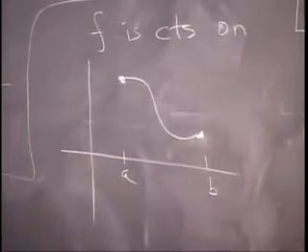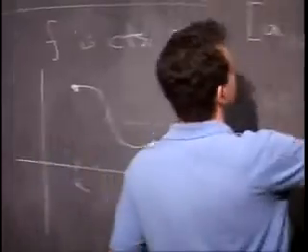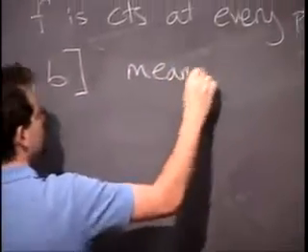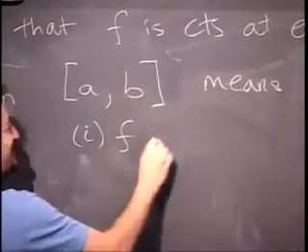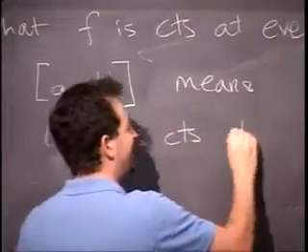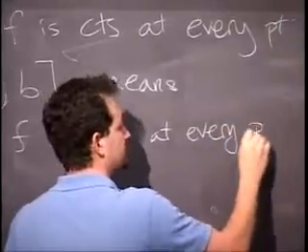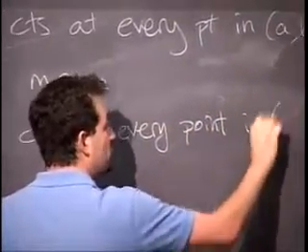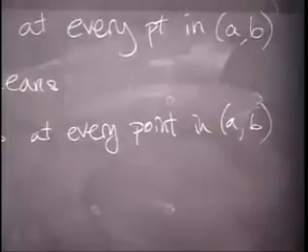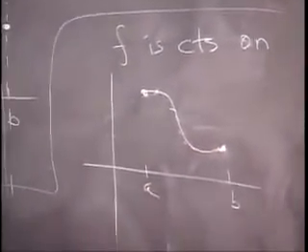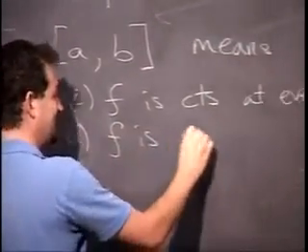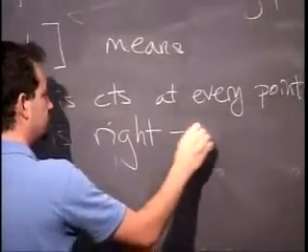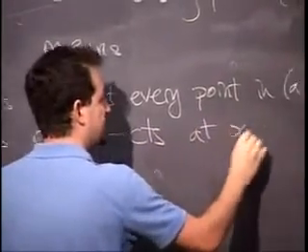So let's define this as I've said it. This is true means, and it means three things. First of all, f is continuous at every point in the open interval. So it's continuous in the normal sense at every point inside. And then I want to say f is right continuous at x equals a.